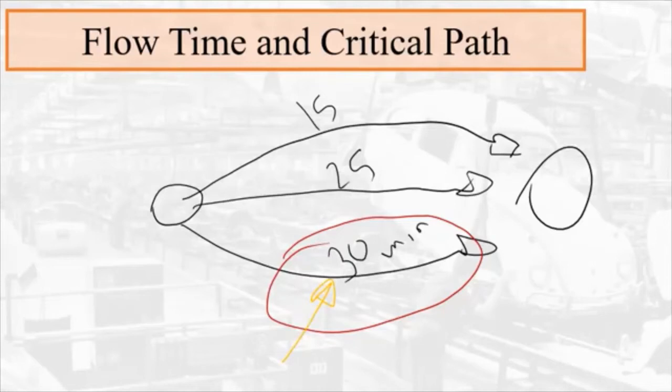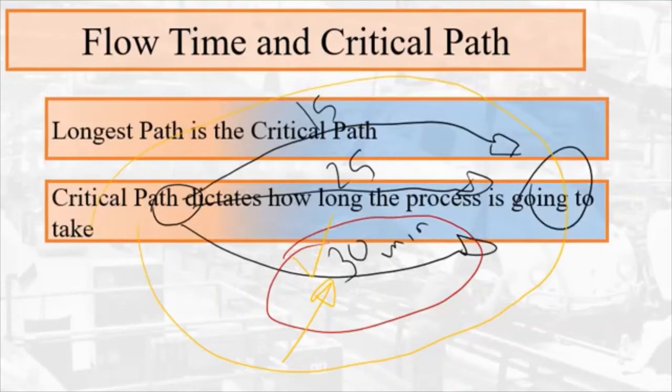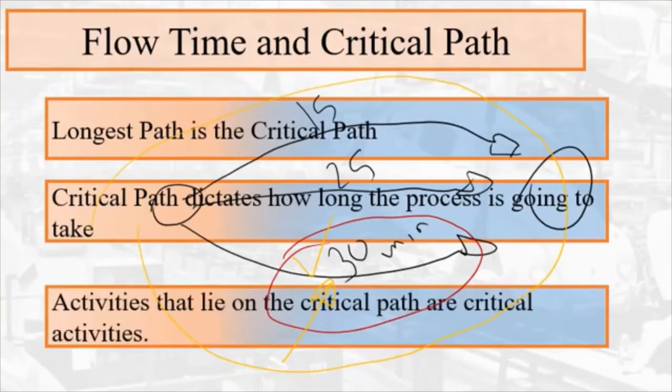If we try to reduce the time on the two other paths, it will not affect the time for the whole process because it would still be 30 minutes. So we care about the critical path because it's the longest path, and it's the path we want to concentrate on if we want to reduce the overall process time.